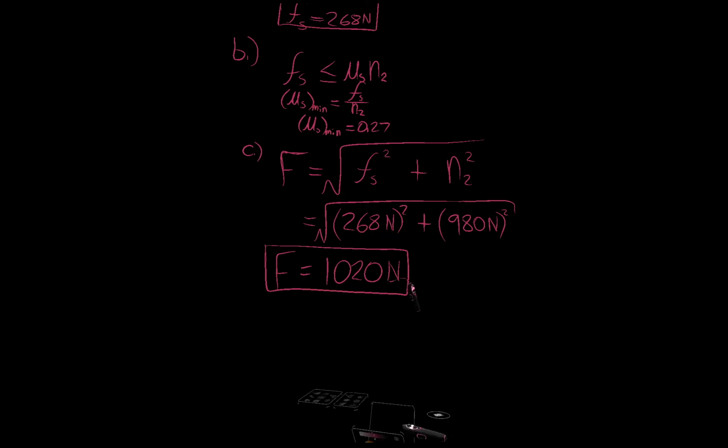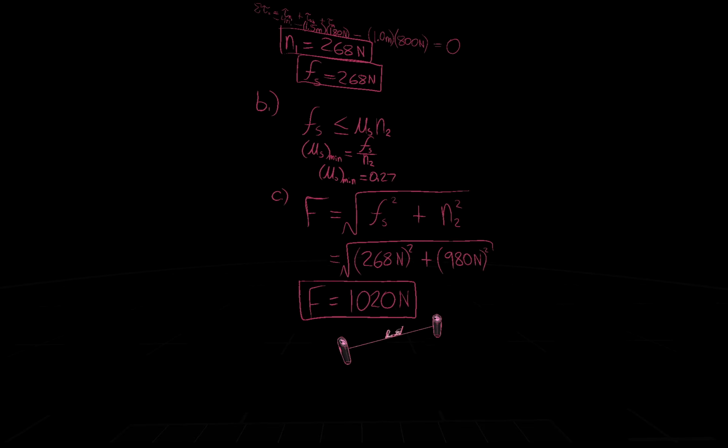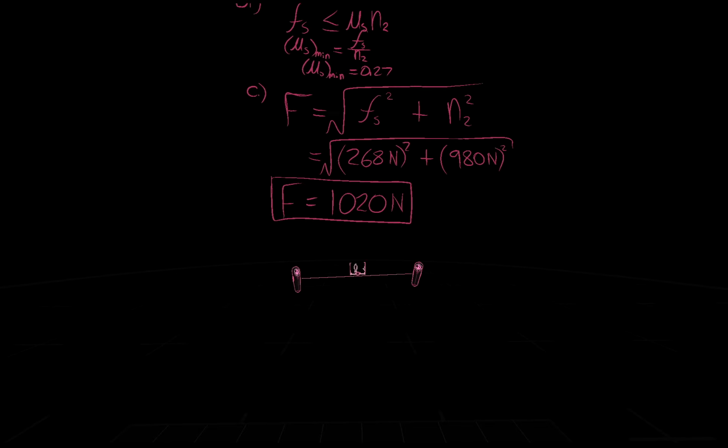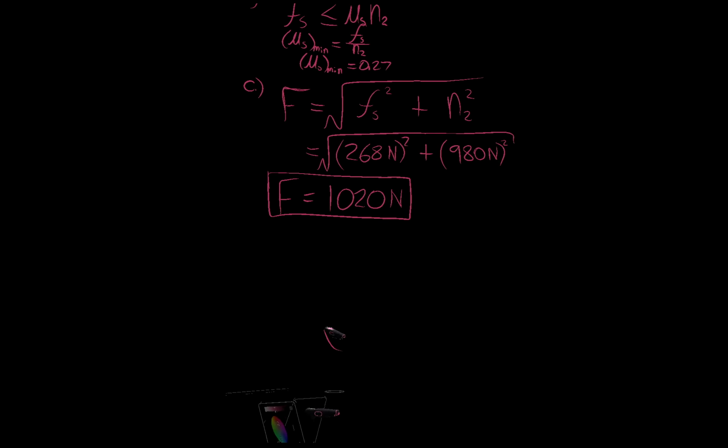And you can find the angle from the horizontal that it acts at. It's not necessarily the same angle that the ladder is resting at. By taking the inverse tangent. So theta, this is theta of the force vector. I'll just do theta sub f.